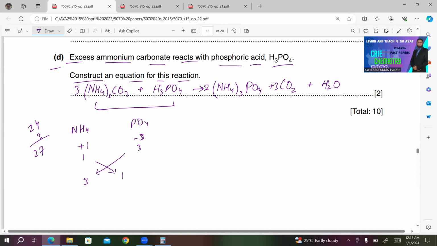We need to balance phosphoric acid also, so I will place 2 before phosphoric acid and 3 before H2O.